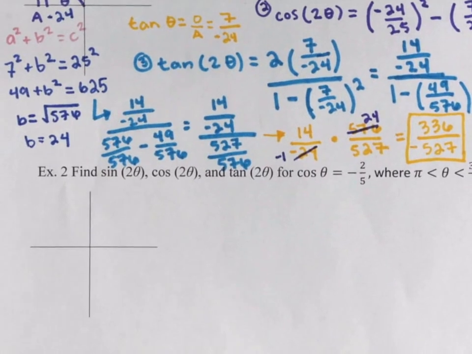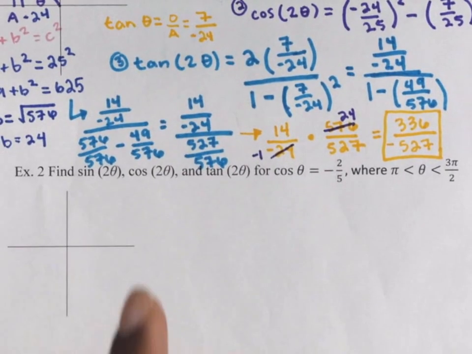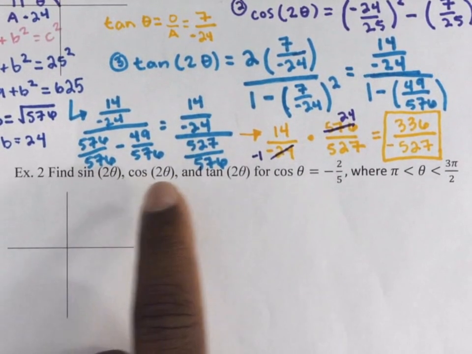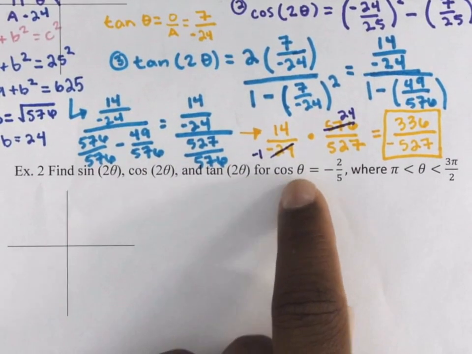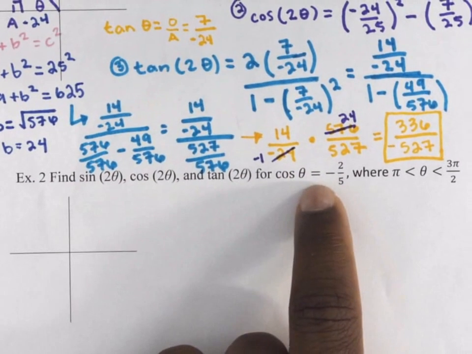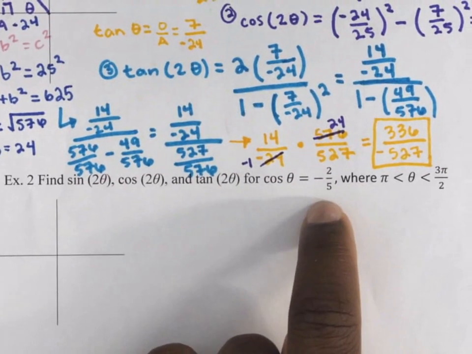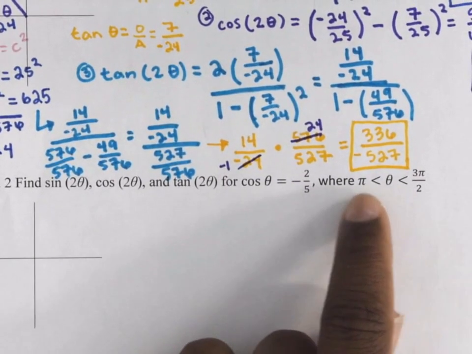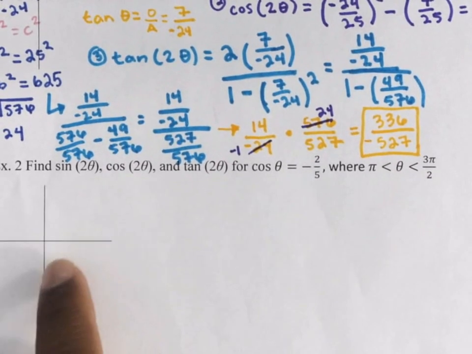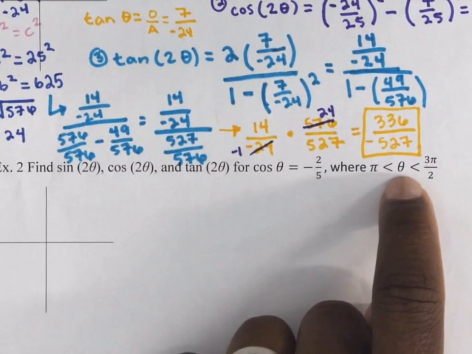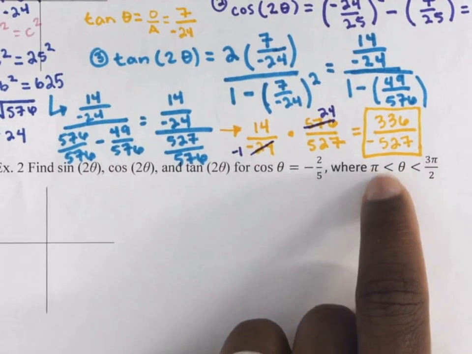All right, so similar situation. We want to find the double angle for these three functions, and this time we're given that cosine of some angle theta equals negative 2 over 5. And then it says theta falls in between these two radian measures. So we have to figure out where we're going to draw this angle. It tells me theta is greater than pi.